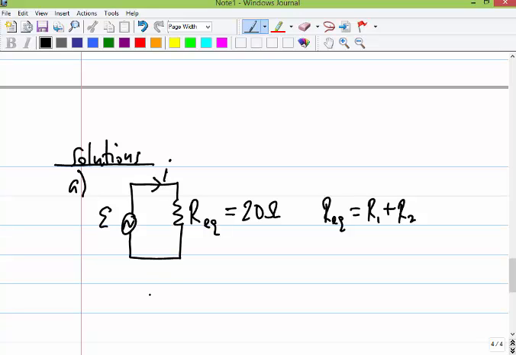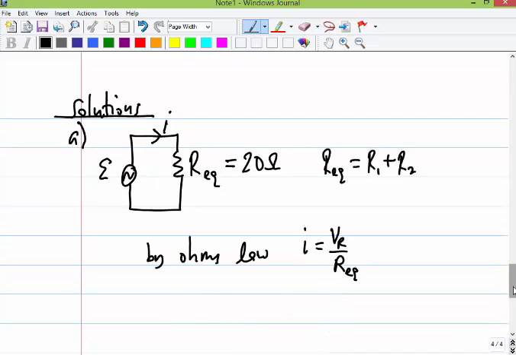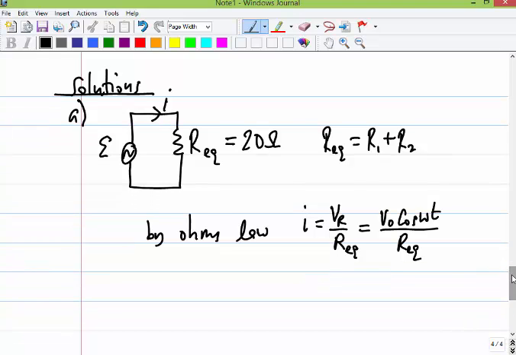By Ohm's law, the current I is equal to the voltage divided by the equivalent resistance, so I equals V naught cosine omega t divided by R equivalent. That's what we did earlier. This is the current going through the equivalent resistance.